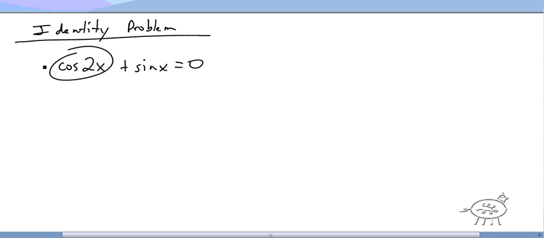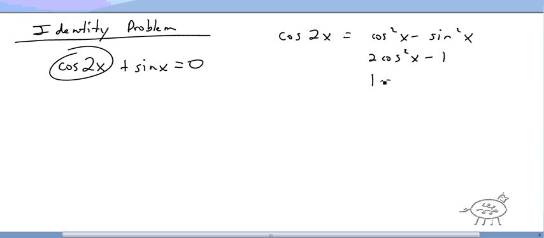And if you recognize that, which we talked about just the past couple days, that's a double angle for cosine. So remember, cosine of 2x is cosine squared of x minus sine squared of x. It's 2 cosine squared of x minus 1, and it's 1 minus 2 sine squared of x.